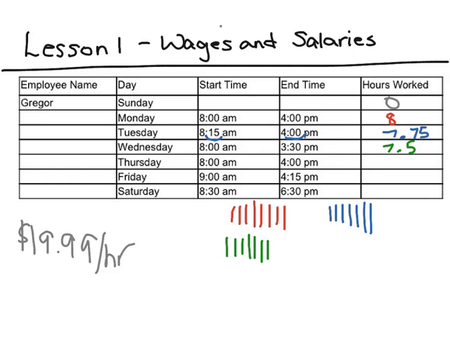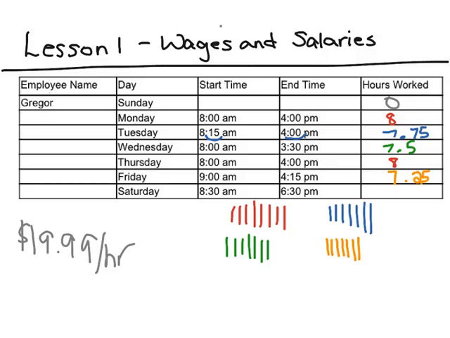On Thursday, he went 8 to 4 again, so we already know that's 8 hours. Friday, he went from 9 to 4:15, so 9 to 10 to 11 to 12 to 1 to 2 to 3 to 4. So that's 1, 2, 3, 4, 5, 6, 7 hours. And then another 15 minutes, so 0.25.